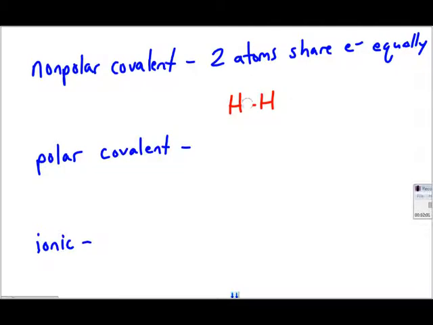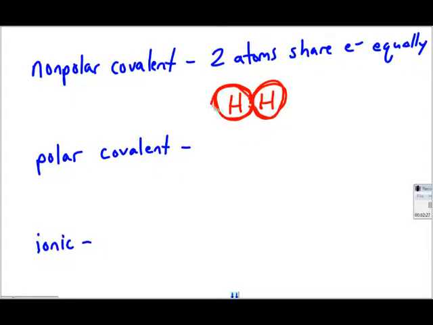Now, to show what's really happening here, instead of drawing it as a single line, that single bond represents two electrons. These electrons aren't just sitting here stationary, but instead they're constantly moving around the atoms. Maybe these electrons go around this hydrogen twice. You've got to remember, they're moving super, super fast. We can't see them, so we just have to assume this is what's occurring.